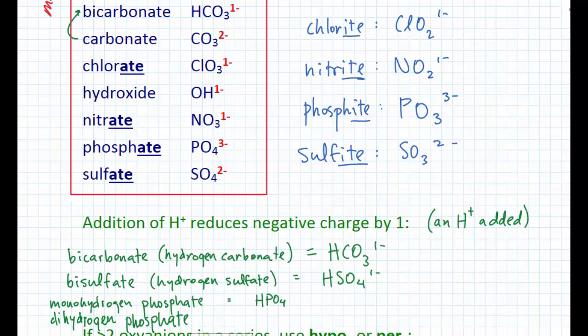What charge would that one have? Yep, 2 minus, because we started with 3 minus. Okay, monohydrogen phosphate. What would dihydrogen phosphate be? H2PO4 with what charge then? Yep, single minus. See how that works?